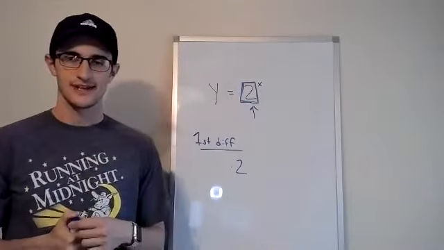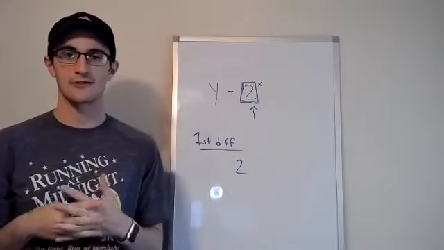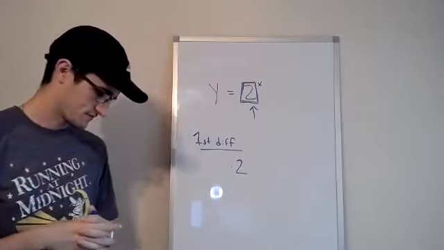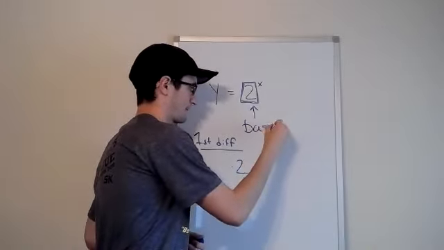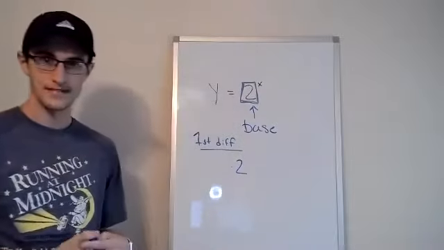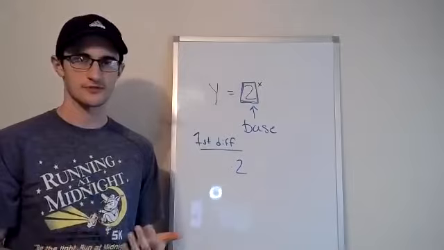Okay, so we have a name for this 2, though. That 2 is in a very specific spot that helps us kind of navigate around it. That 2 is the base. That's the base. Remember that? The base of the exponential equation.